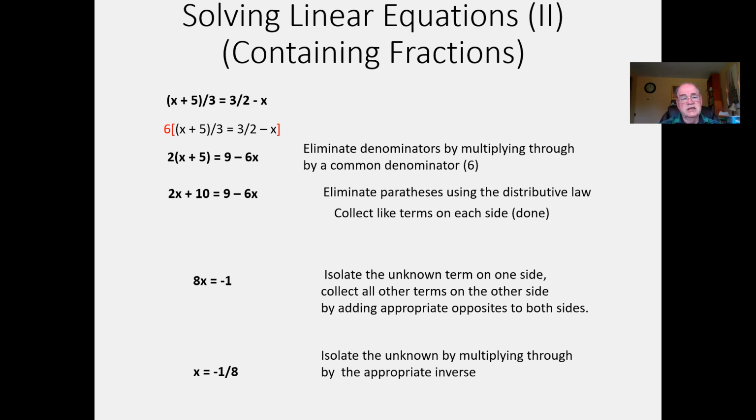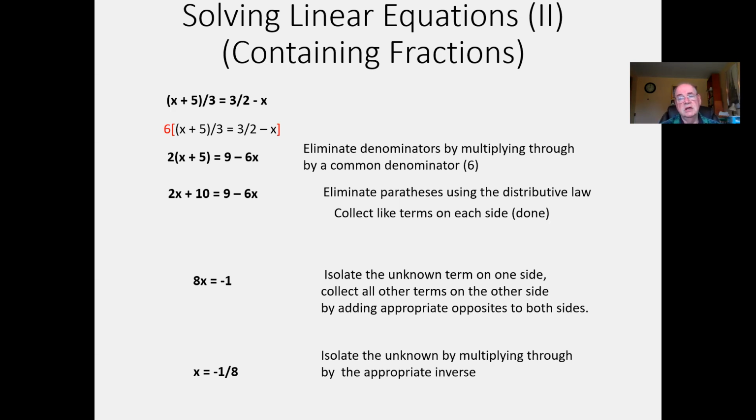And notice that 6 times that expression, x plus 5 over 3, is nothing more than 6 over 3 times the expression, which is nothing more than 2 times it. 6 times 3/2 is nothing more than 3 times 3, which is 9. And finally, 6 times negative x is a full negative 6x.